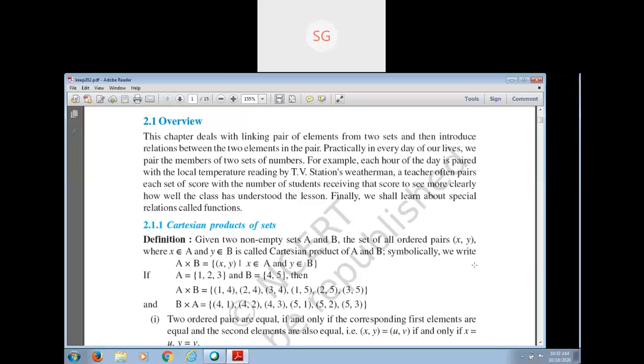Tell me Sudhir, is it clear now? I think it is clear. If you have any doubts, see the notes also.